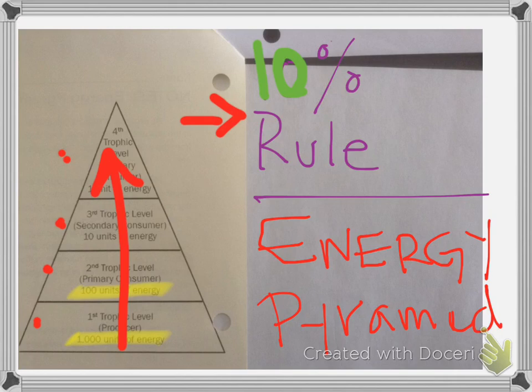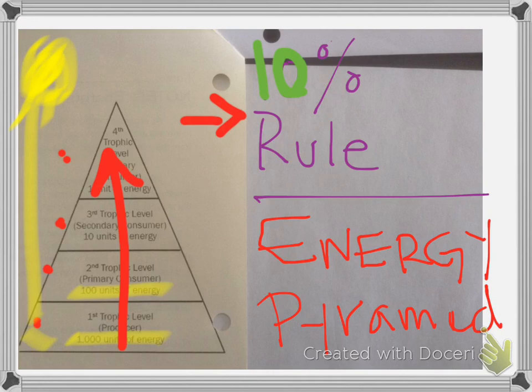And even though we don't have it on here, we do assume that the original source of all energy for this pyramid, just like we did with our food chain, is the sun. So the sun's going to provide initial energy, and then from there, we're only ever going to get 10%, 10%, 10%, 10%. So less energy is available to each organism as you move up the food or energy pyramid.